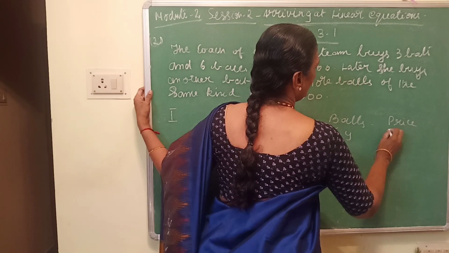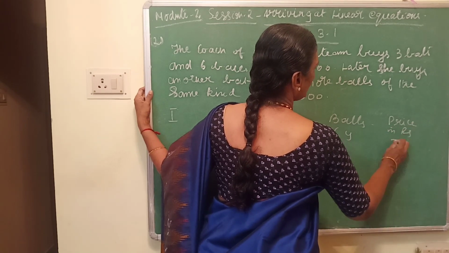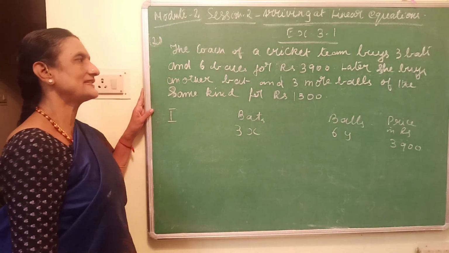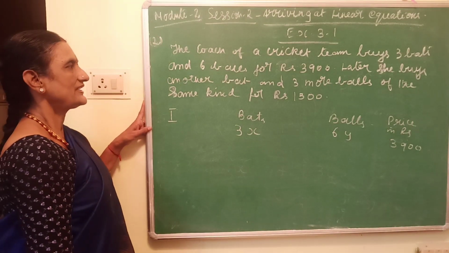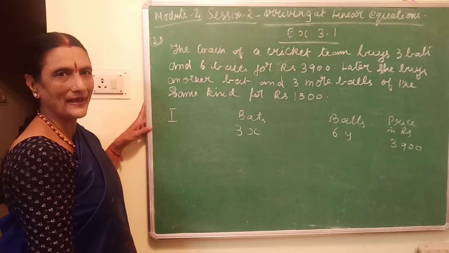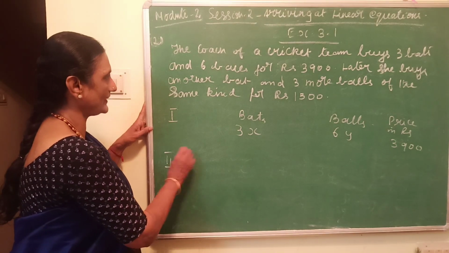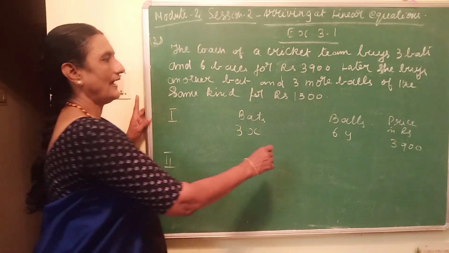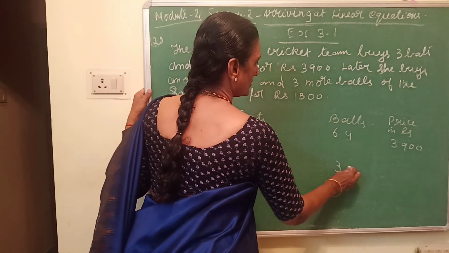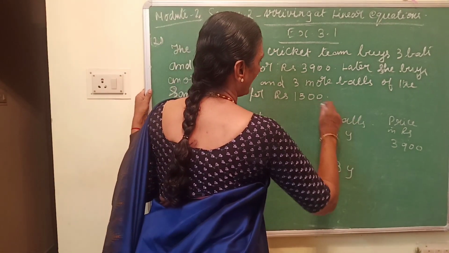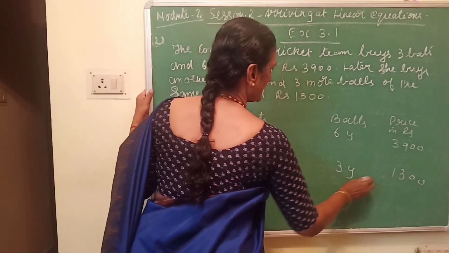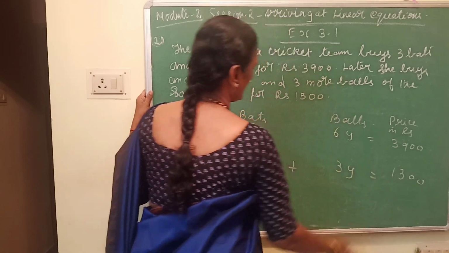So the price in rupees is equal to 3,900. Now in the second situation, she buys only 1 bat, so namely X, and 3 balls, so 3Y. What is the price she has paid for it? 1,300. So this is the second situation.